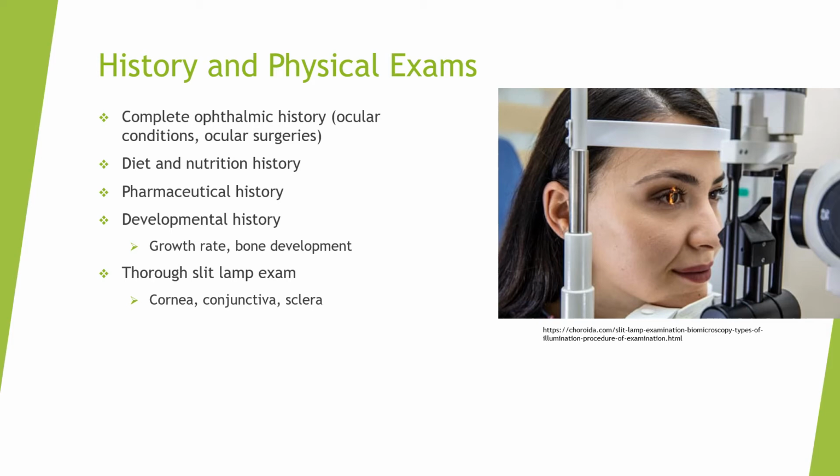Do a diet and nutrition history and any symptoms related to the GI tract, like bloating, diarrhea, ill-colored stool, oil mixed in the stool, etc. Do a pharmaceutical history and developmental history, including growth rate and bone development. Slit lamp exam, pay attention to the cornea, conjunctiva, and the sclera.